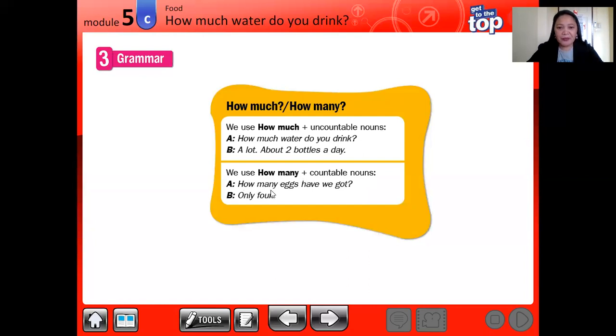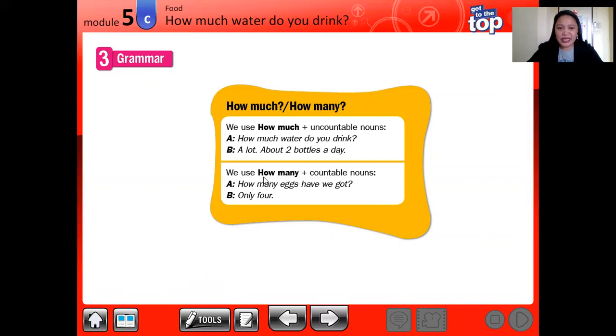Example, how many eggs have we got? Eggs is a countable noun, plural. So we ask using how many. We cannot say how much eggs because eggs is a countable noun. So we only use how many, right?